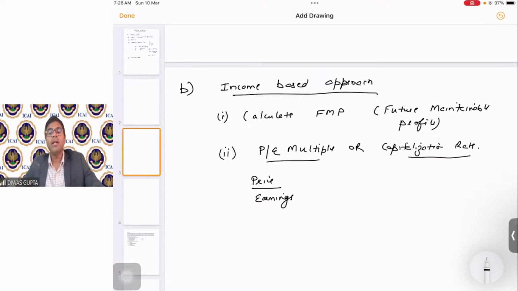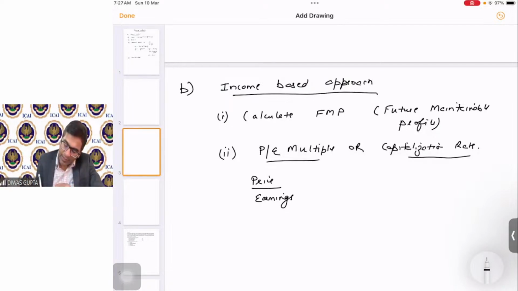This is one multiple which tells me that for 1 rupee of earning, how much price is quoted in the market. To see this PE multiple, you look at the EPS of a company as per the annual numbers, and take the share price appearing in the share market to arrive at the PE multiple.